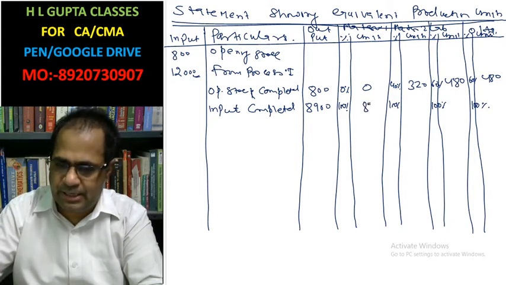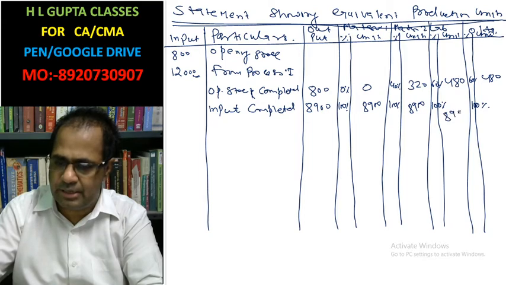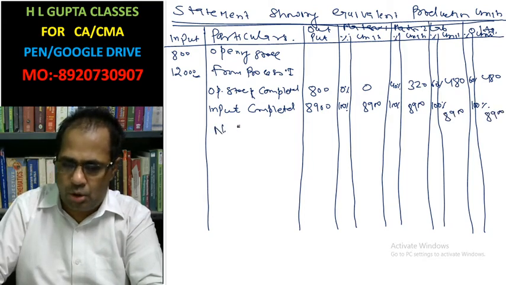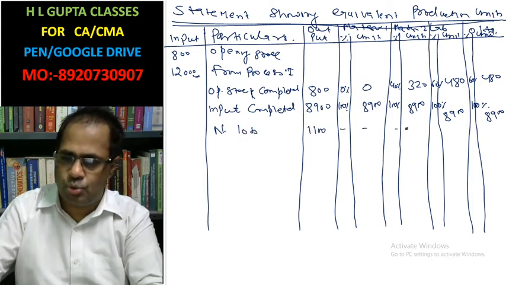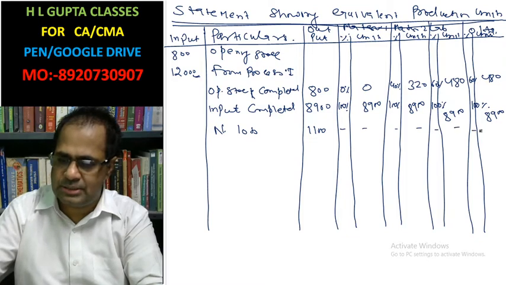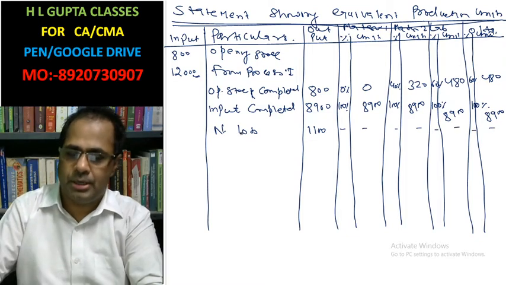So this is 8,900 in each. Normal loss was 1,100. This is assumed to be normal loss, this is not considered.